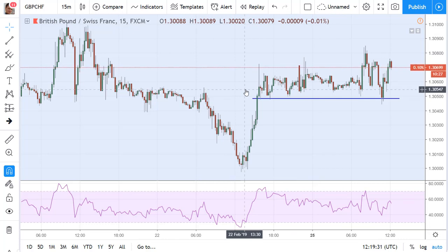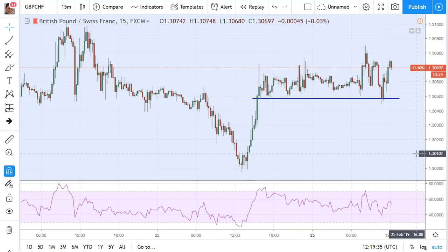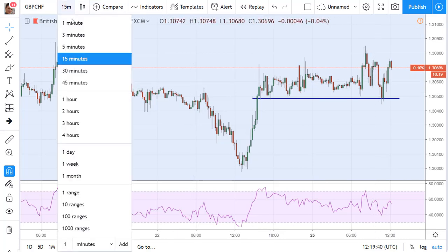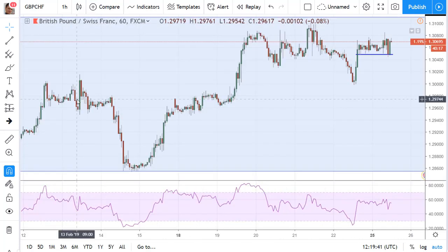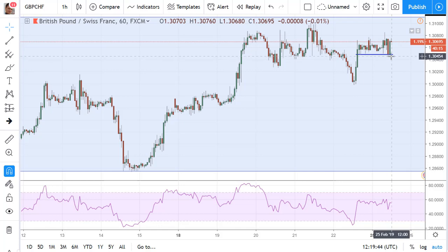So let's see if this gets some kind of momentum to the downside, and if this level breaks, then let's go back to the hourly chart, for example. If it breaks, I'm expecting a 1-2 move, and from here on out, if this support becomes resistance, we get a move further to the downside.